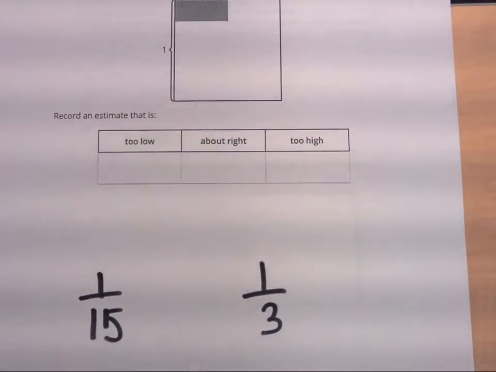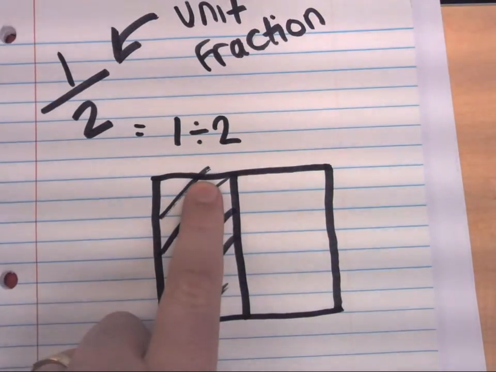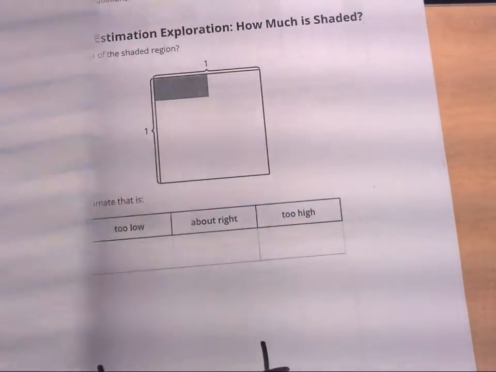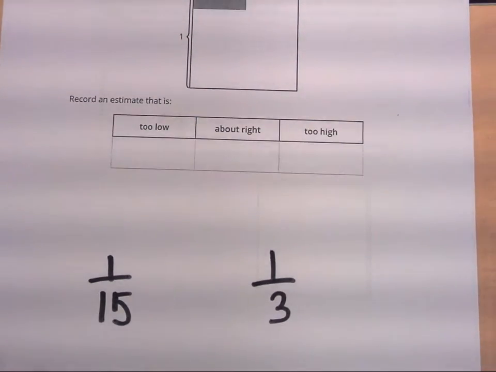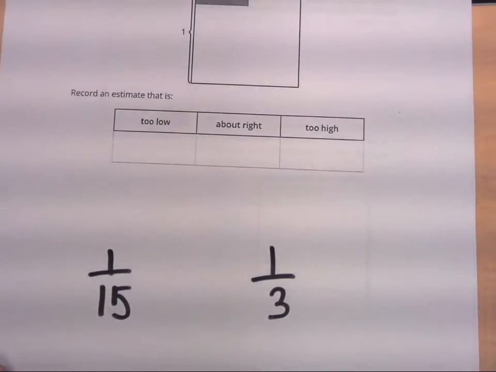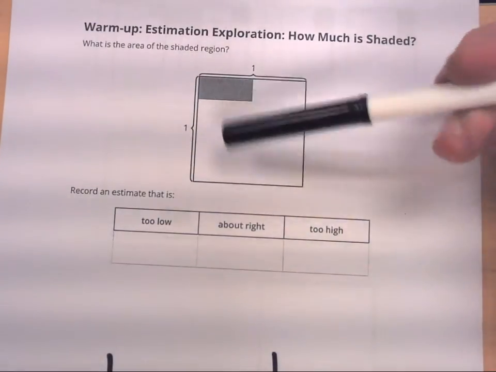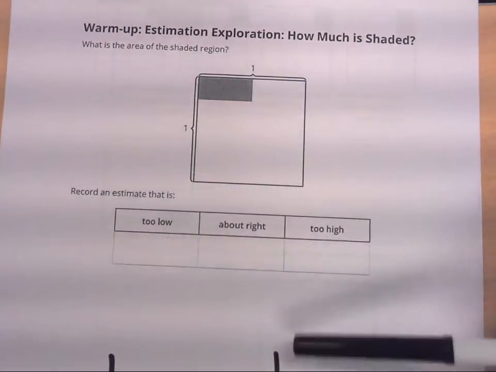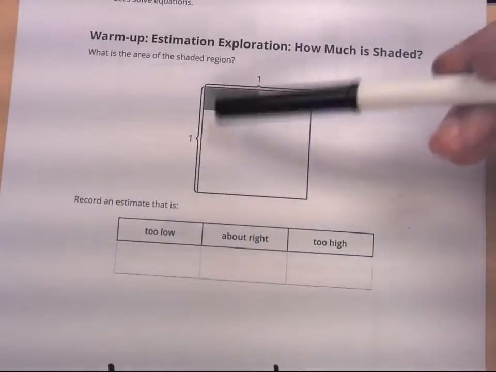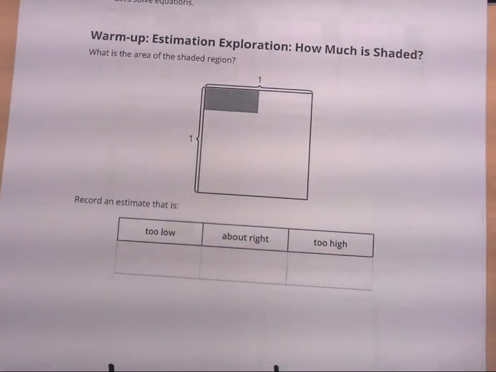So going back to this idea that fractions are division problems, then it becomes more clear to students, especially once we've drawn diagrams, that 1/15 is referring to a whole that's been partitioned into 15 equal areas. And 1/3 would be one whole partitioned into 3 equal areas.